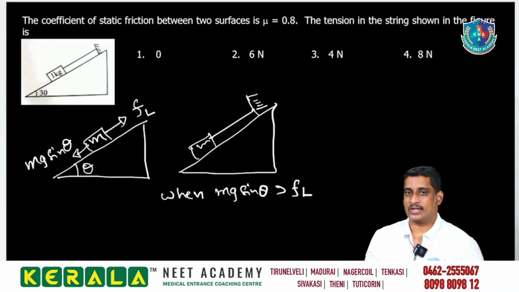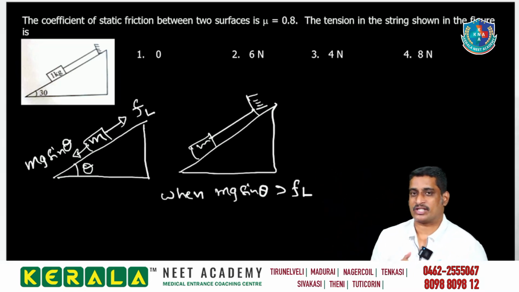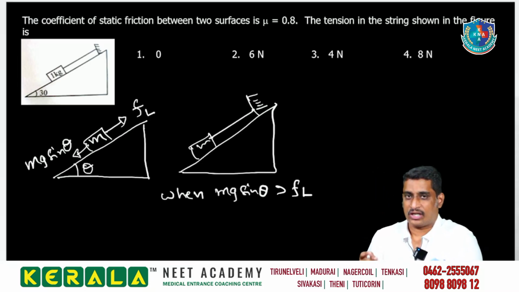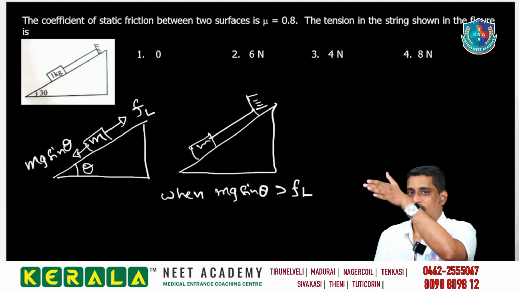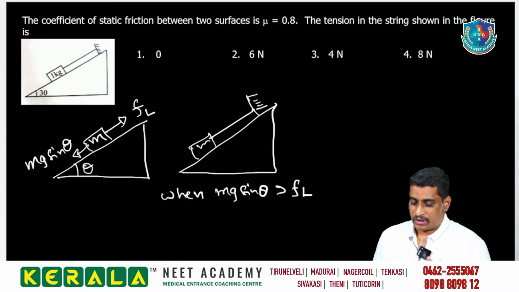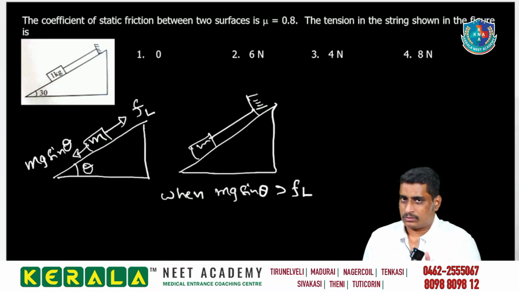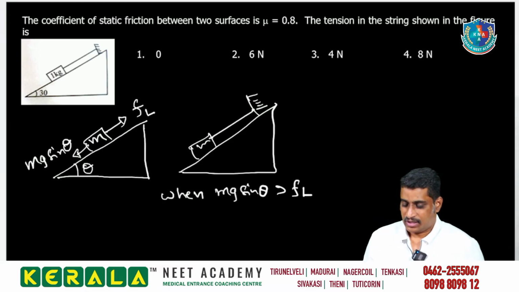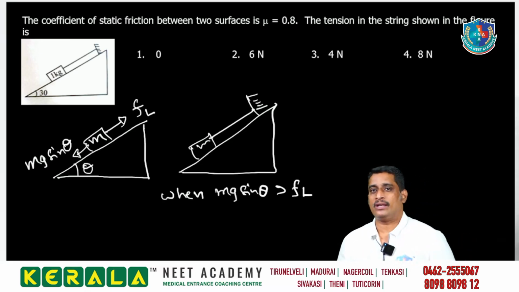If the string is present, the string will become tight and tension will be established in the string. Then the resultant of that tension and friction will balance the downward force acting over the block, nothing but mg sin theta. In this particular example, the condition for the tension to be established in the string is mg sin theta should be more than limiting friction.